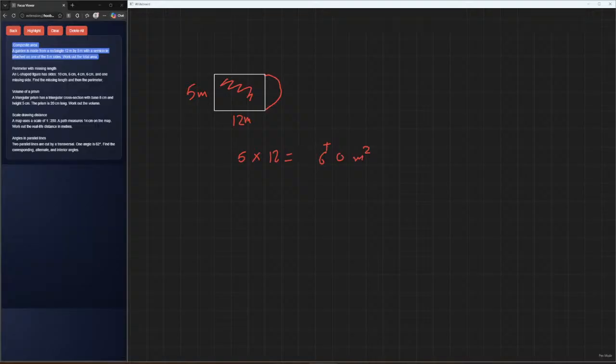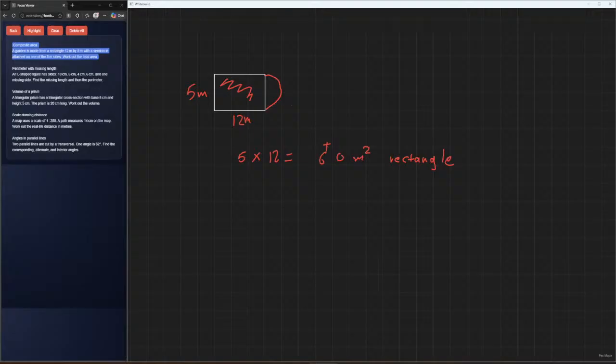So the rectangle is 60 meters. Just remember, when I was in school, writing next to it what it is, especially with shapes, does help you a lot, you know. So now we need to find the circle.